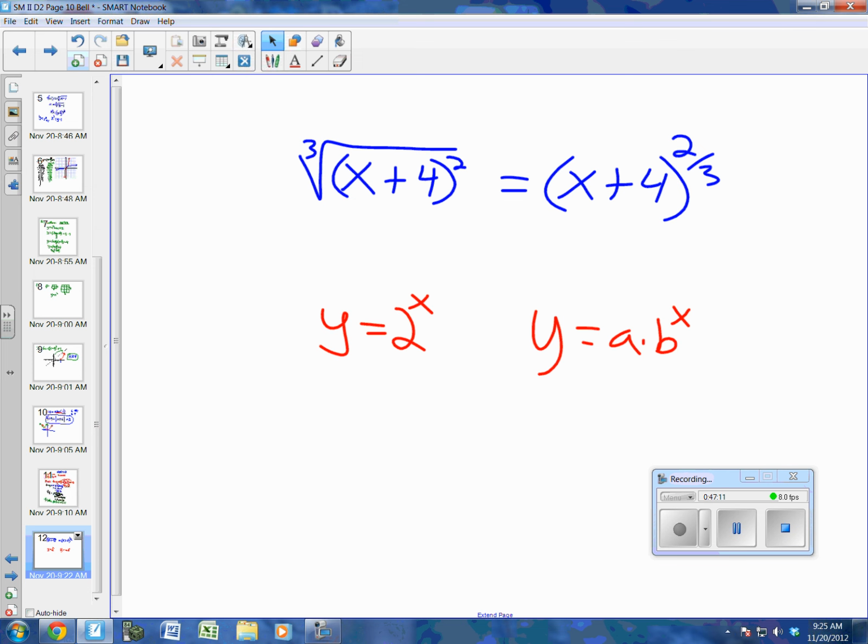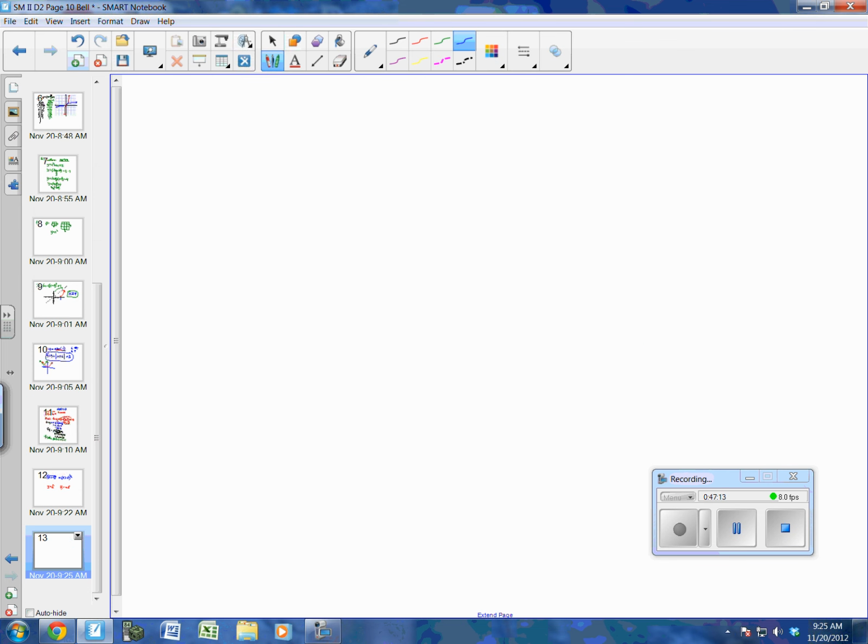You guys, I have a problem like this. 0 equals 3x squared minus 6x. And I want you to find the solutions of that for me. Could you do that? Remember, first of all, what kind of equation is this?